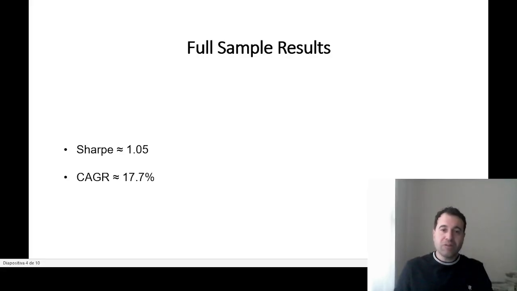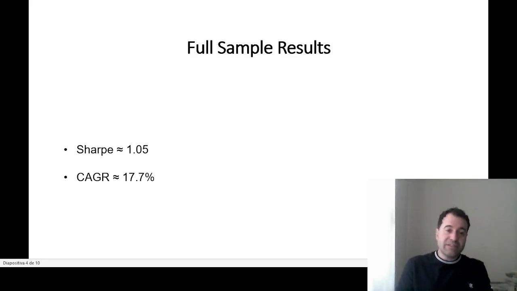Full sample results. Over the full sample, the strategy achieved a Sharpe ratio of about 1.05 and a CAGR close to 18%.